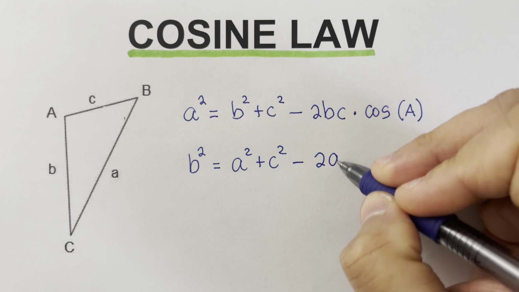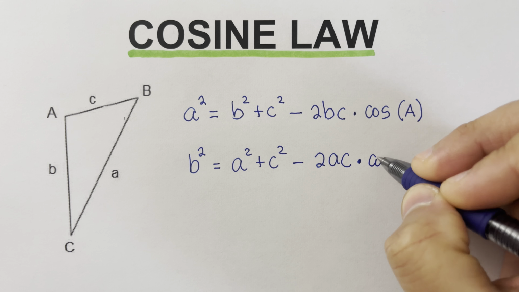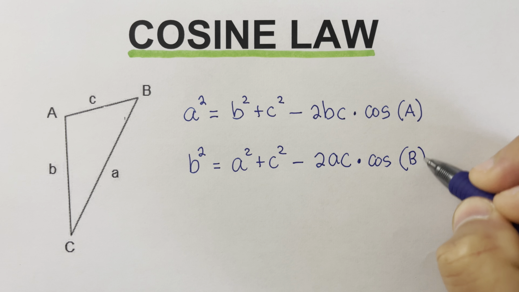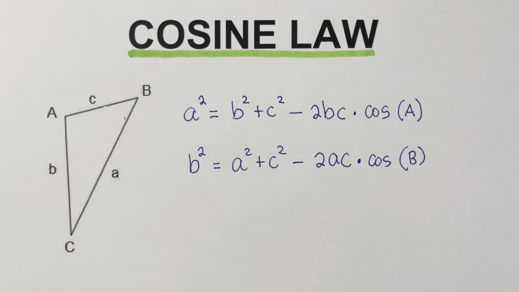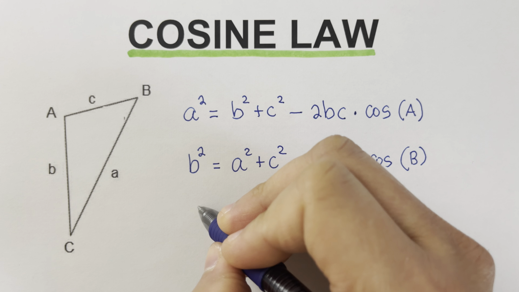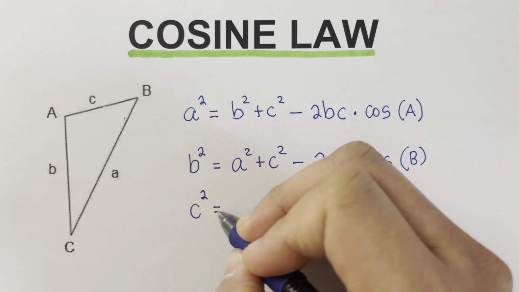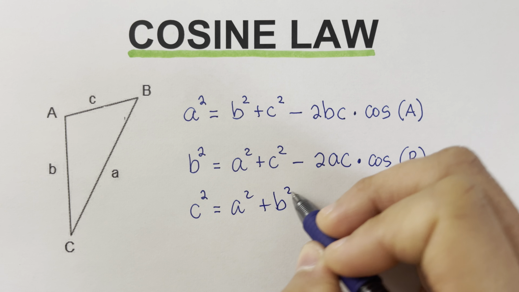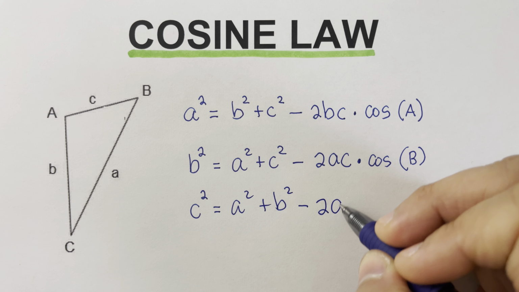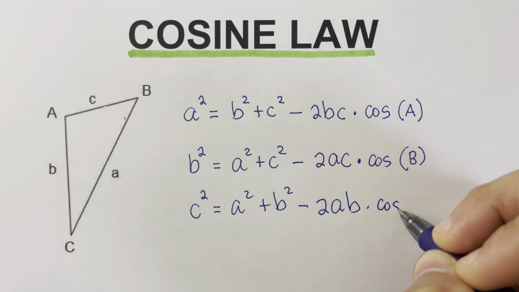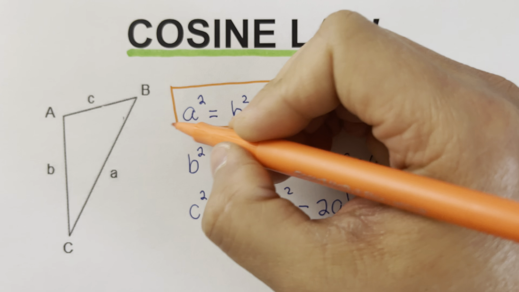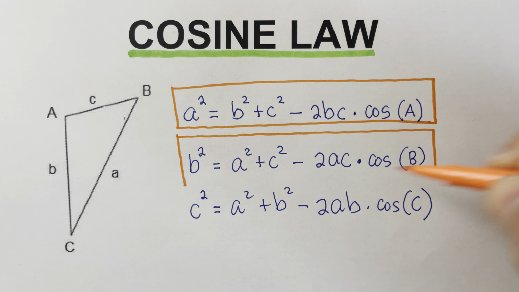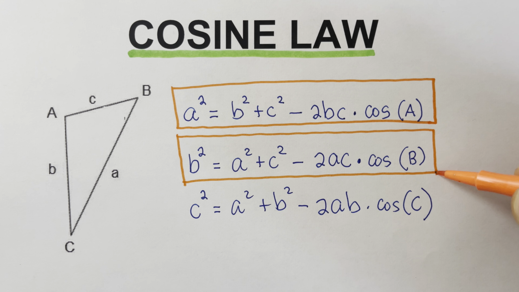That's going to be ac times the cosine of the angle between them, which is B, the angle opposite the side b. And so c squared, therefore, is a squared plus b squared minus 2ab cosine of angle C. This is what we call the cosine law, or the law of cosines.